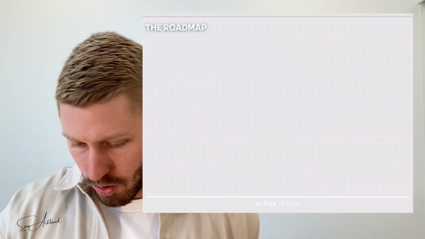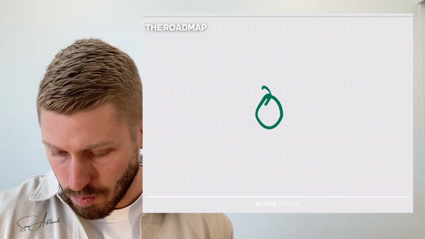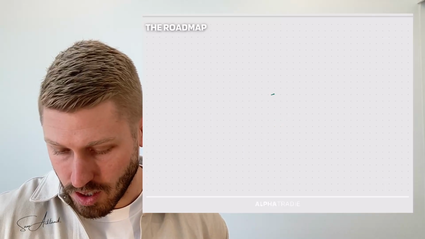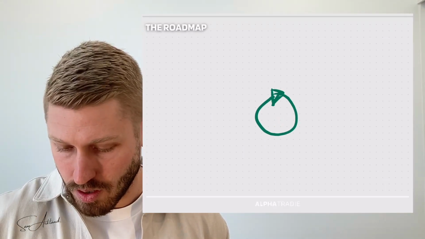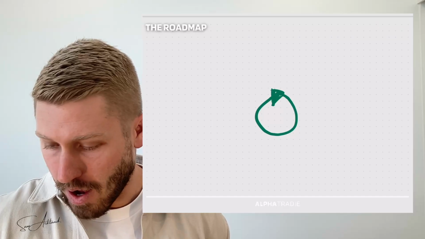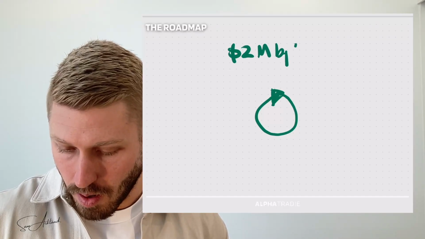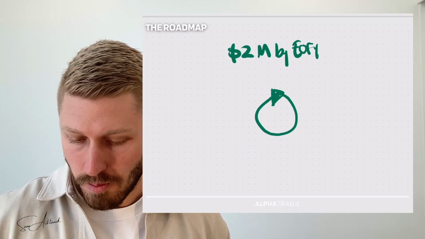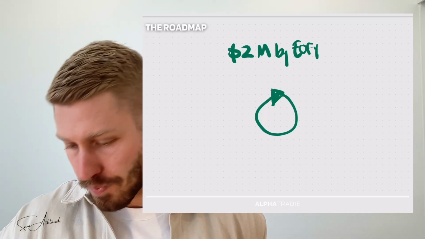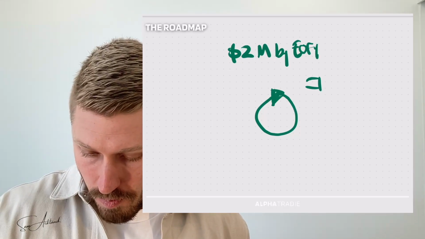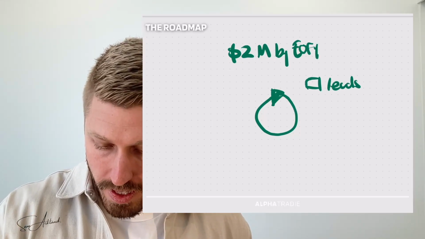So I know we've jumped around quite a bit, and I'm going to summarize back onto this economic engine, because we can draw out some hypothetical conclusions to say that if our mission is to do $2 million by end of financial year, then we are going to need to increase our leads. Leads needs to go up.